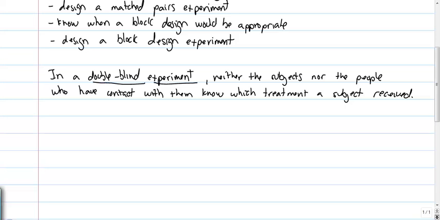Now, someone behind the curtain, so to speak, has to have a list of which subject received which treatment so they can make a comparison of these results. But the idea is that the subjects don't know who they're working with, and the people who are working directly don't know who they're working with. They don't know which treatment the subjects received.